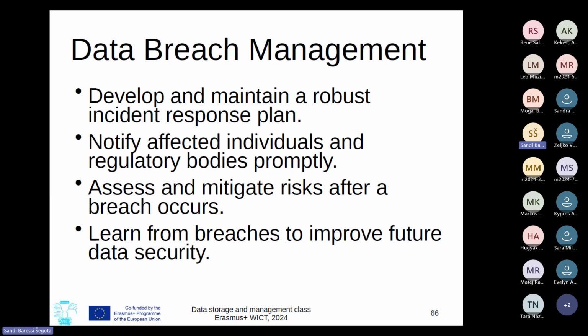Have a well-known system for how you're going to deal with that: depending on the type of incident, what needs to happen, who needs to be notified, whether it's regulatory bodies or people, how you're going to reach out to them, and how you're going to mitigate risks.